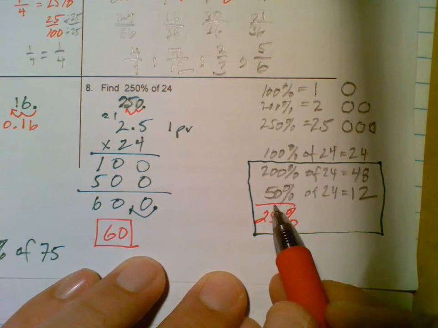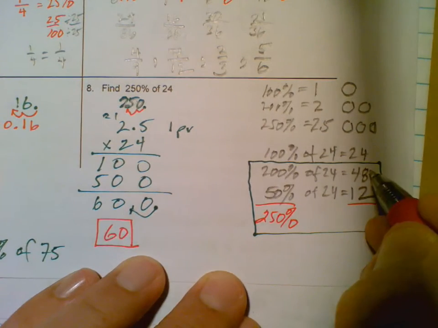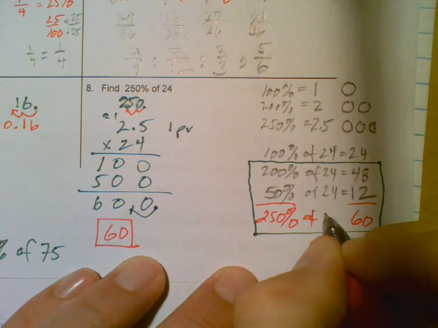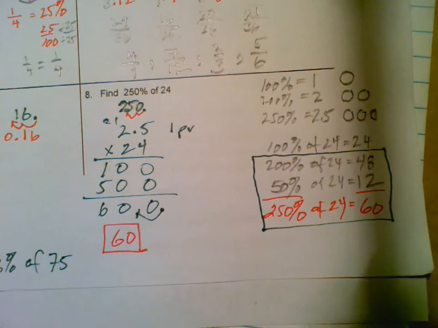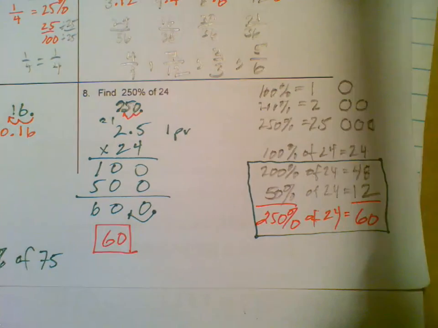Well, if I add those two numbers up on the other side here, 48 plus 12 is 60. So 250% of 24 does equal 60. Both sort of reasoned out here as well as calculated. I do hope this helps.